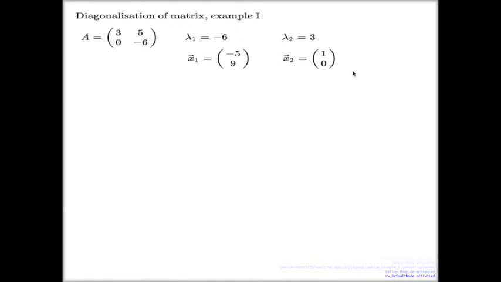In this case, you can probably see directly that these two vectors are linearly independent, because otherwise one would be a scalar multiple of the other. But this observation is in line with the lemma I just showed you: two distinct eigenvalues possess two linearly independent eigenvectors.